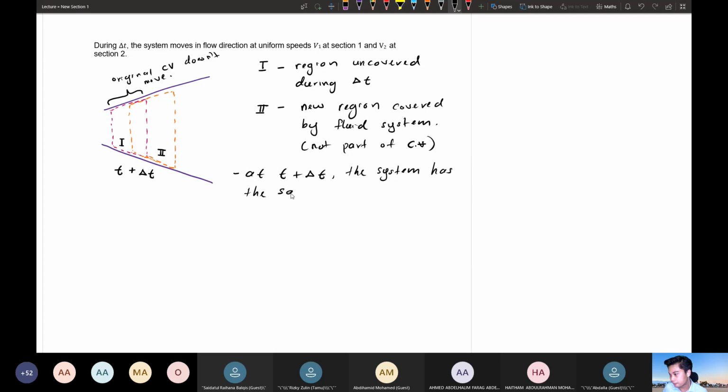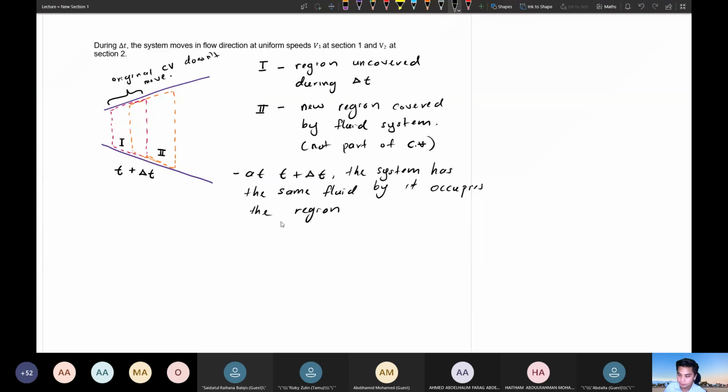the same fluid, but it occupies the new region.